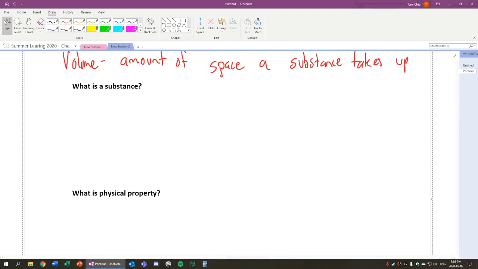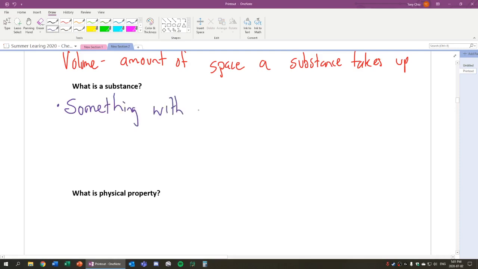So we're going to go into now, what is a substance? A substance is defined as something with a unique set of properties.